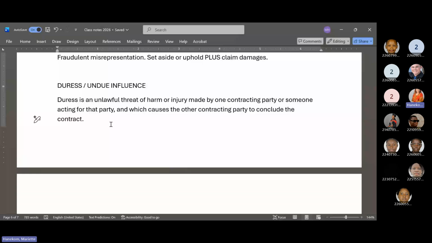So this is literally where I am telling Narisha that if she does not agree to buy my car, I will kidnap her mother, I will shoot her mother, I will kill her mother. And she knows I am capable of doing this.